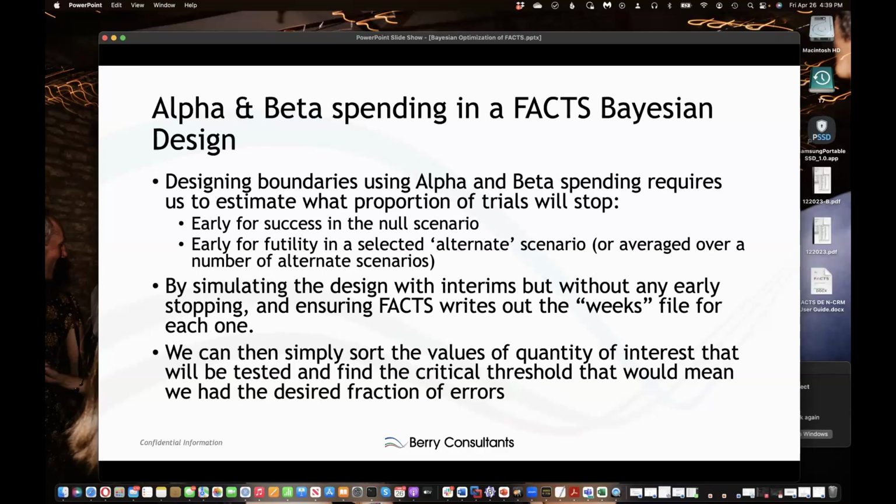And we can do this by simulating the design with interims, but without any early stopping, and ensuring that FACTS writes out the weeks files for each one. So we can then simply sort the values of the quantity of interest that will be tested and find the critical threshold that will mean we have the desired fraction of errors at each interim.